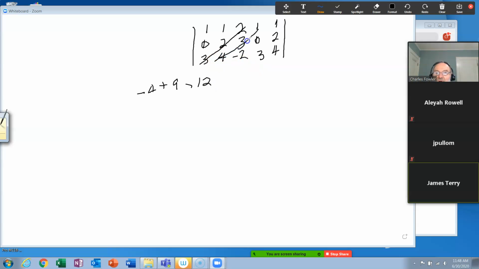This up diagonal is going to be another minus 12. And this up diagonal is going to be a 0. Okay? What do we have here? Minus 24, minus 28 plus 9 is a minus 21.